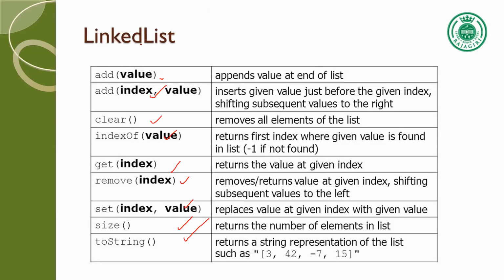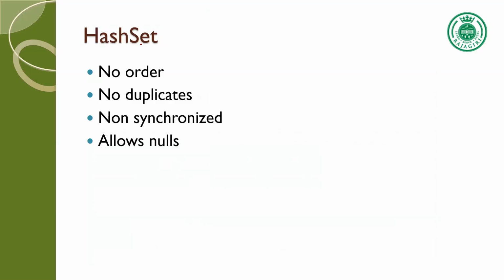Just like linked list, we even have something called hash set. Now, in a hash set, you will have no particular order. Let's say you input elements like 2, 3, 4, 5, 2. By default, a hash set will never allow duplicates.